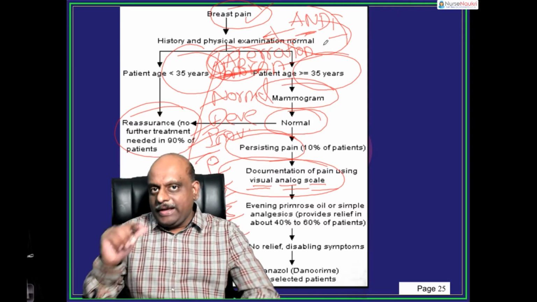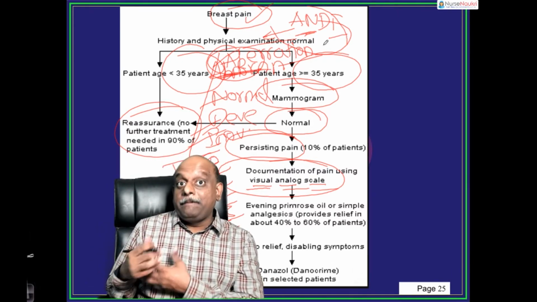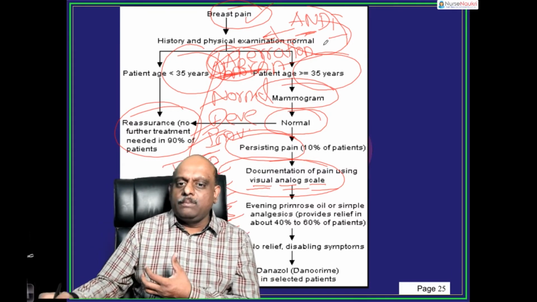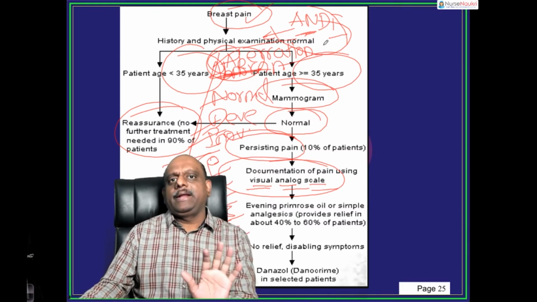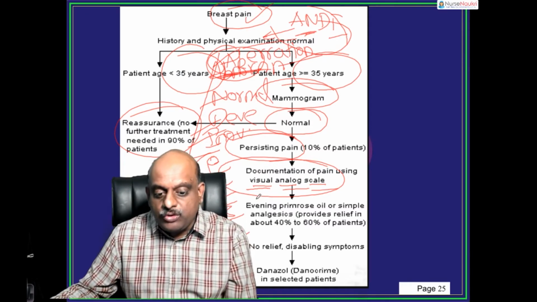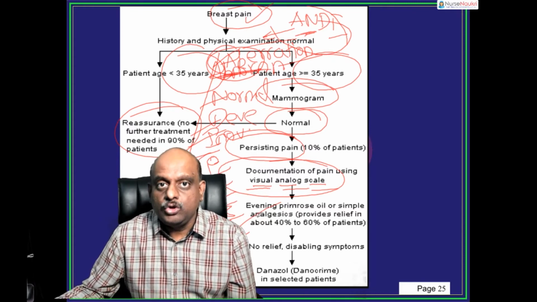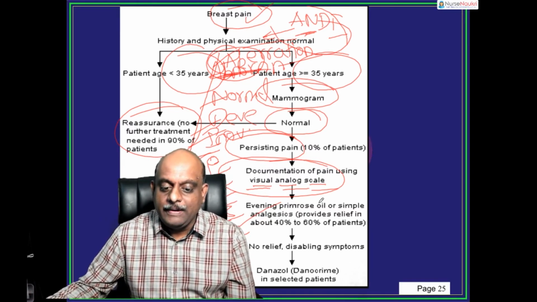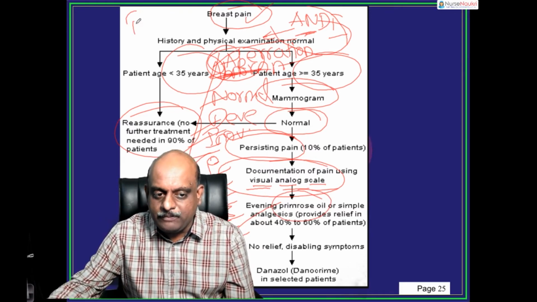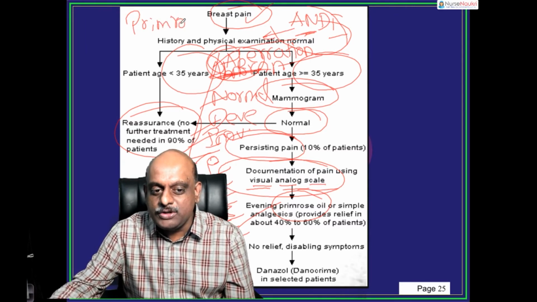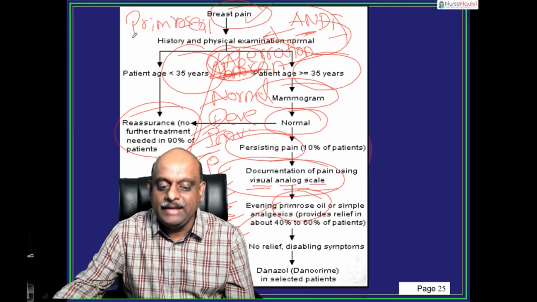AND जो होता है, it will present with pain in the breast. But it is very benign. There is nothing to worry. It won't lead to any cancer. For such people, to provide relief to the pain, primrose oil is a very good choice that you need to basically remember.